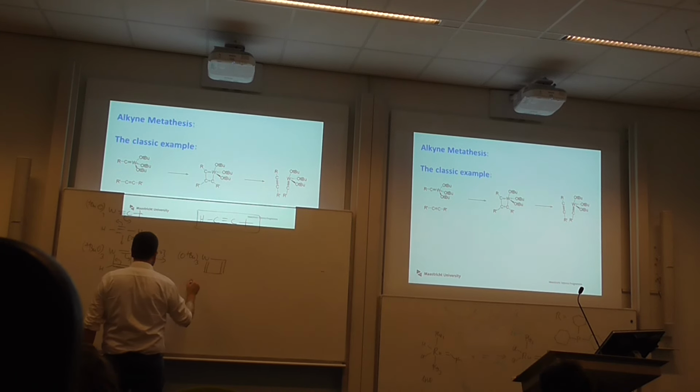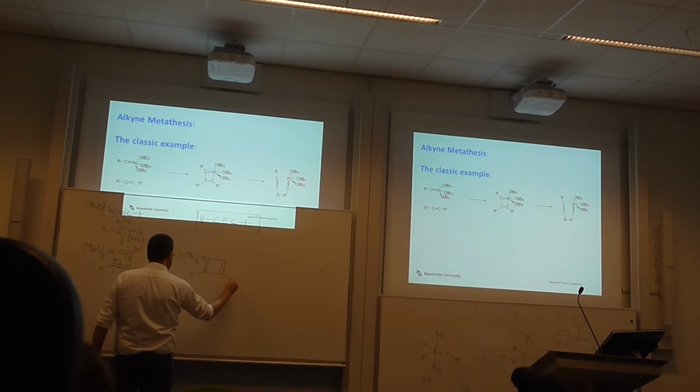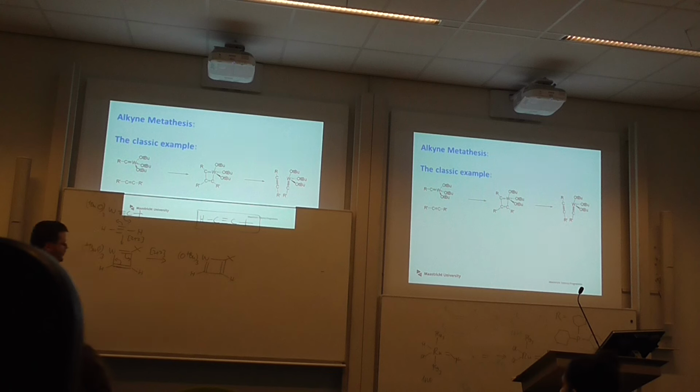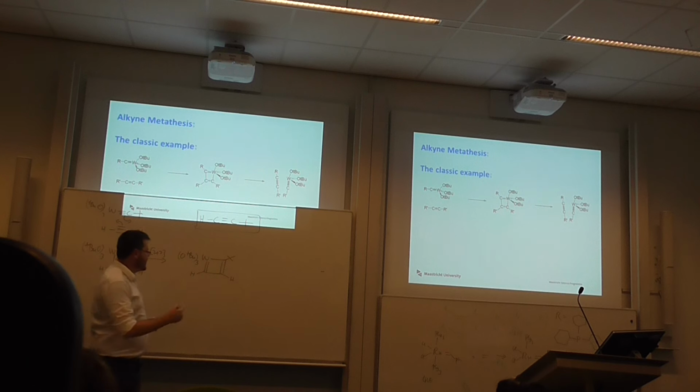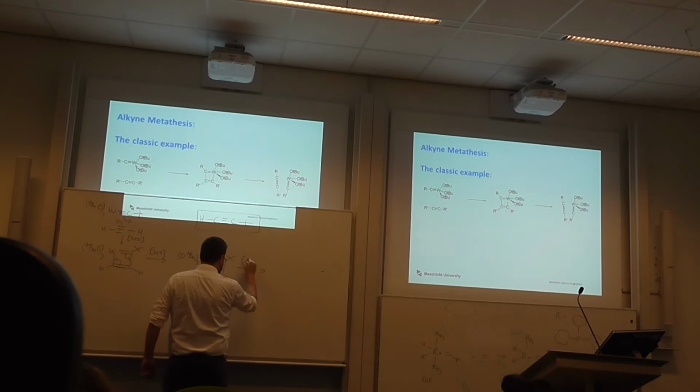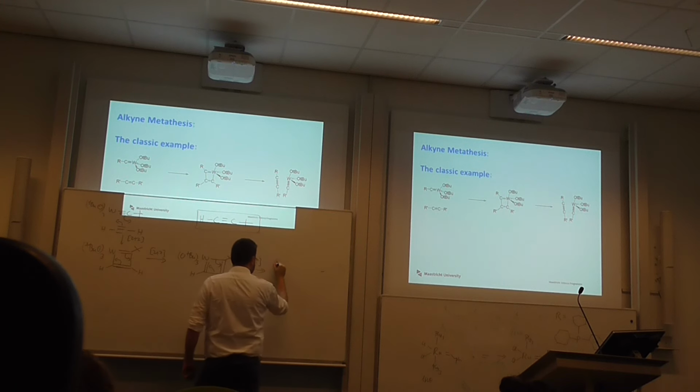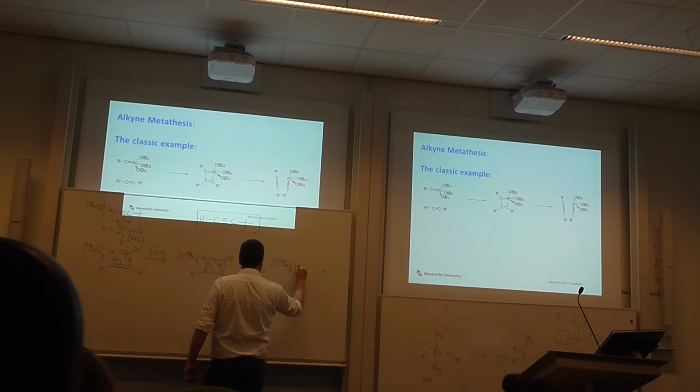Do you see what's happened there? I get a 2+2, I form the metallocyclobutadiene ring. I get another 2+2 process, I form this, and then it happens again. Now this mechanism I did do in the 3000 course, but it's an important mechanism, so let's just do it again.